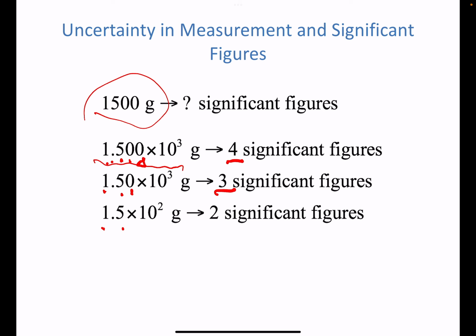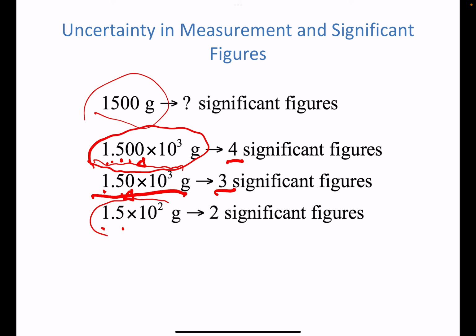So the uncertainty with this measurement is maybe 0.1 gram. Now, if we write it like this, it means we measured up to 10 gram. So the uncertainty of this measurement would be somewhere around 1 gram. So this is a much more precise measurement.